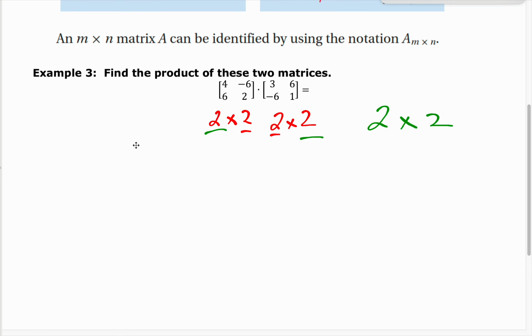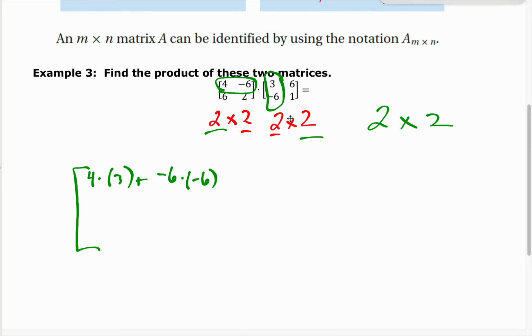Okay, so here we go. So what are we going to do? To get our first value right here, we're going to take row 1, which is right here, times column 1. So here we go. 4 times 3 plus -6 times -6.